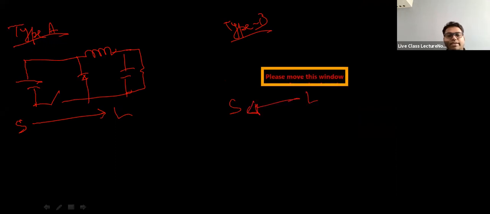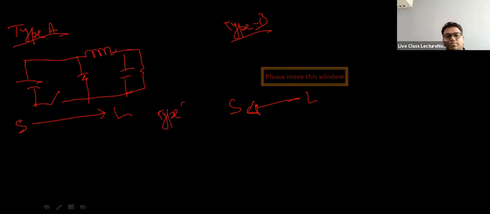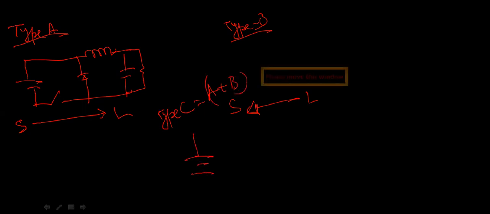So we need a bidirectional converter. Why bidirectional? Because we need to exchange energy between the two sources. So we make a type C chopper, which is the addition of a type A and a type B chopper, right?